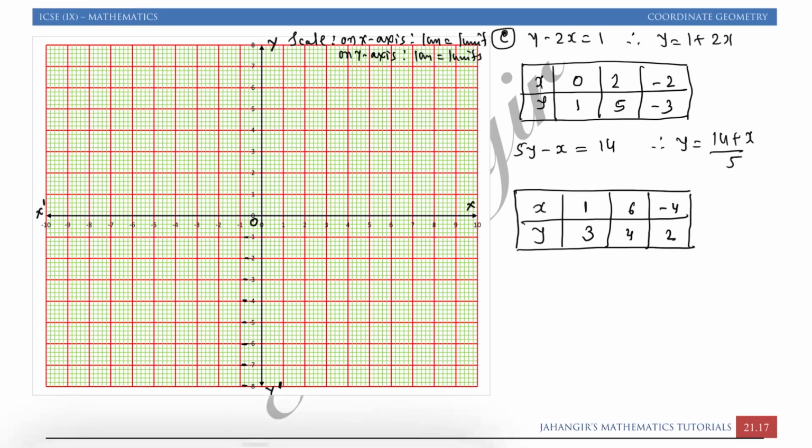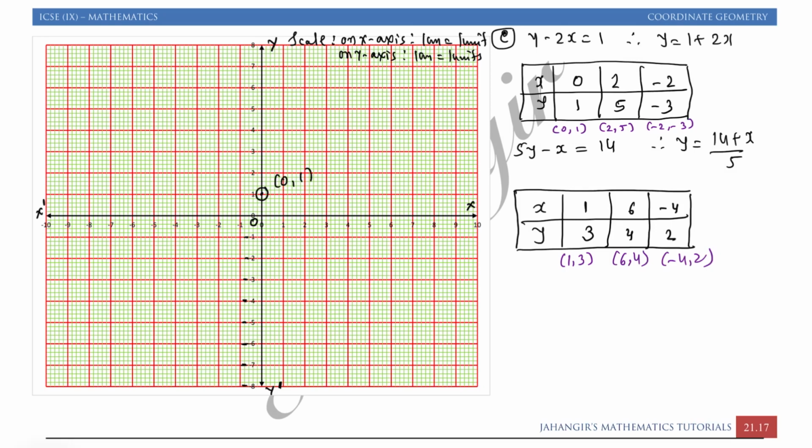So now let us plot. Before plotting, let us write coordinates. First coordinates are 0, 1, 2, 5, minus 2, minus 3. As we know, x is first, then y is second coordinate. 1, 3, 6, 4, minus 4, 2. So let us plot first. 0, 1, it's on y-axis.